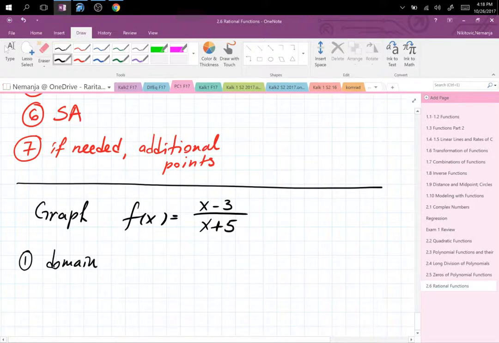What is the only point that we are not allowed to use? We can use 0. 0 plus 5 is 5. Negative 5. So the only bad point is negative 5, and that's what breaks the domain. So negative infinity to negative 5, union, negative 5 to positive infinity.